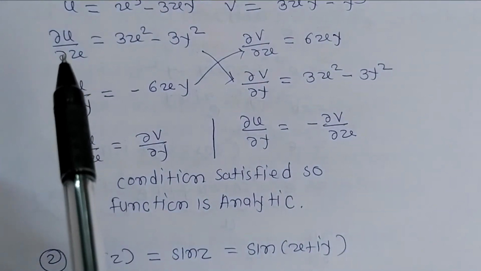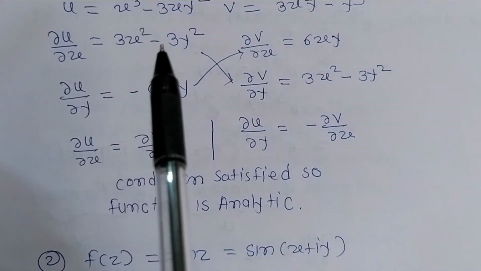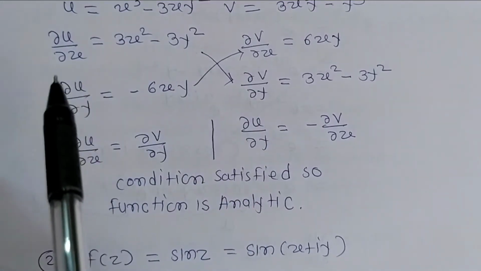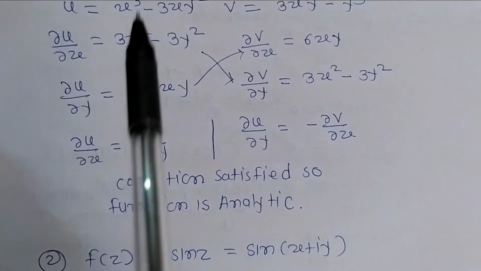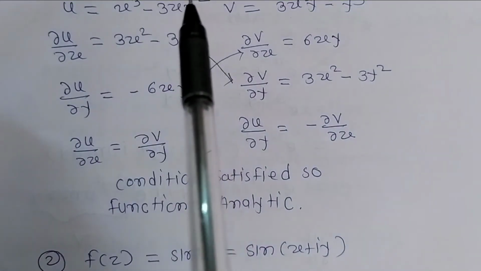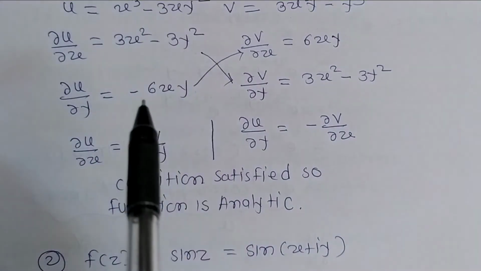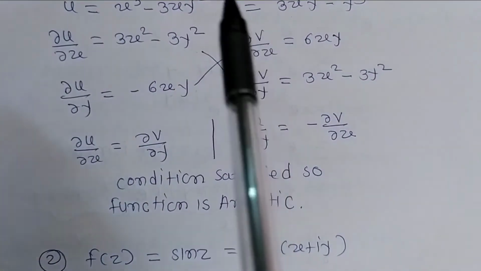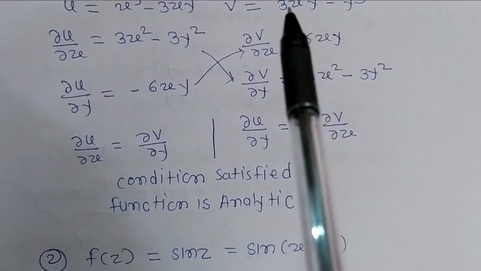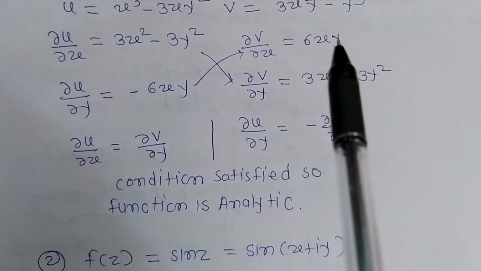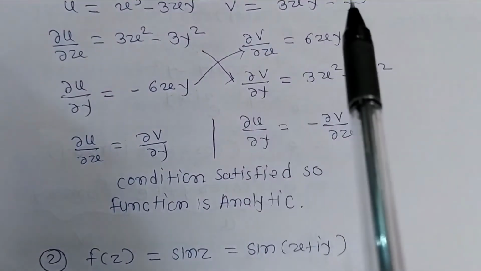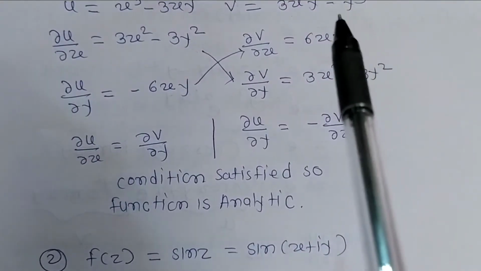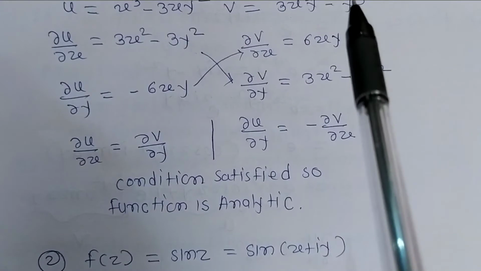So dou u by dou x is 3x square minus 3y square, and dou u by dou y is minus 2 into 3, that is minus 6xy. Dou v by dou x is 3 into 2, that is 6xy, and dou v by dou y is 3x square minus 3 y square.